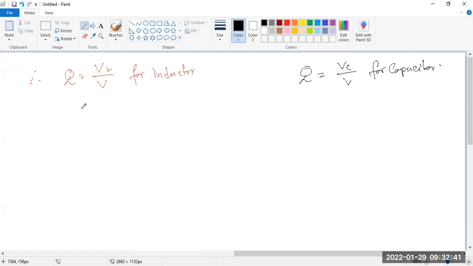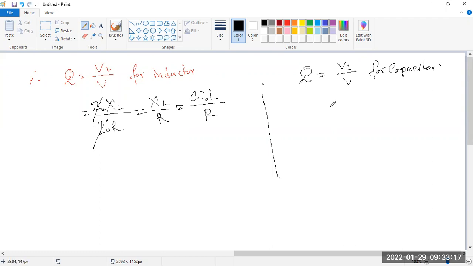We can also write this as the current at the initial condition I0 XL and I0 R. This is the formula of VL, and this is the formula of V, which is I into R. So I and I will cancel and we get XL by R. We can write XL equal to omega naught L by R.